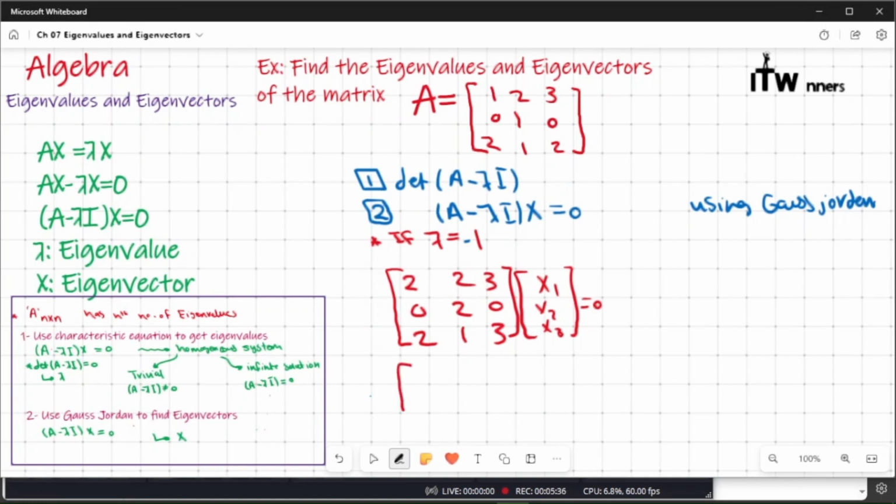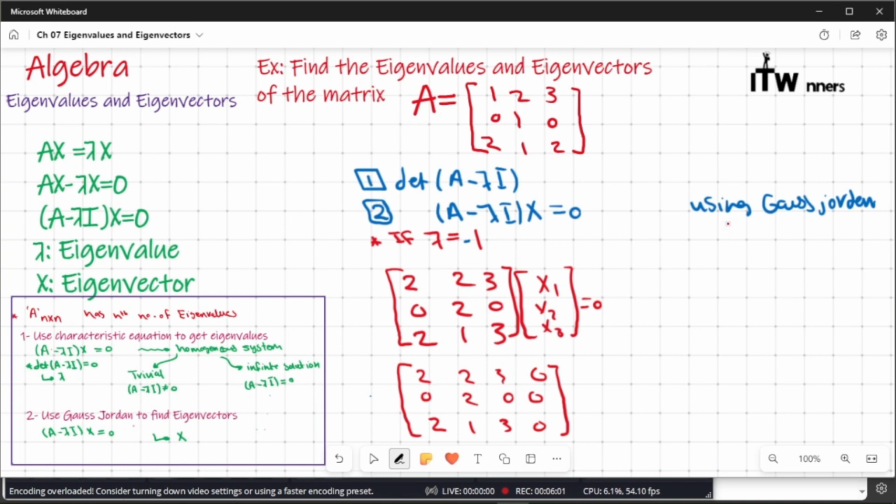Let's augment our matrix. We have here 2 0 2, 2 2 1, 3 0 3, and here we have 0 0 0.